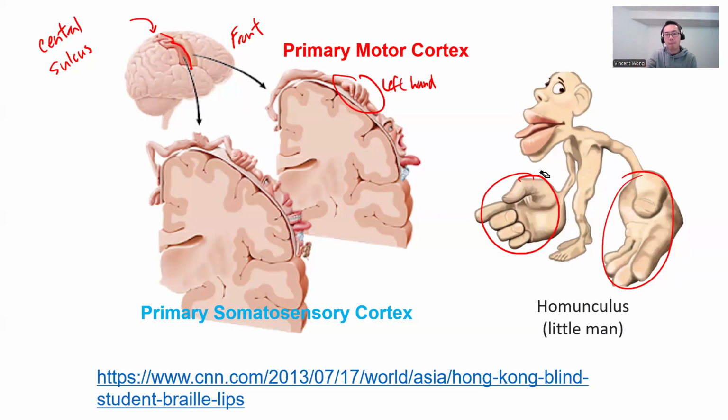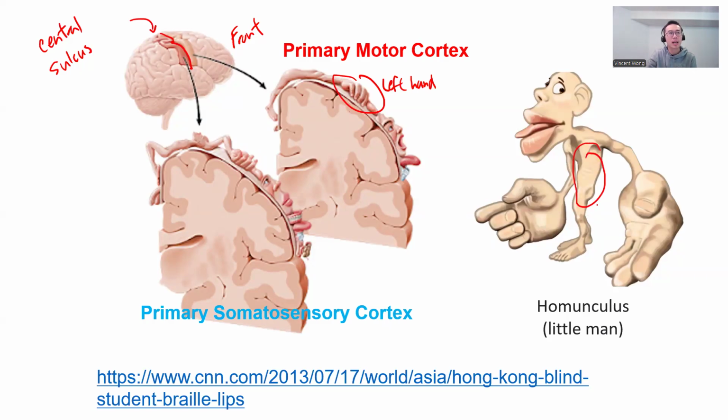Lower lips are also very sensitive. I'm not sure why. Tongue, with all the taste that you can taste from the tongue, not just taste, but temperature and texture and all those things as well, it's also highly populated with neurons. Not so much from the core of the body.